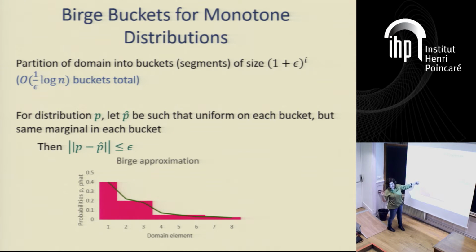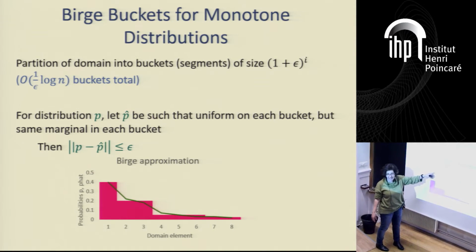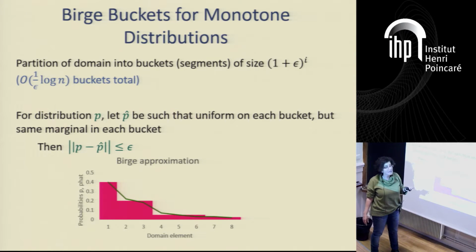So if you ping me, I can send you the right reference. But what you can show is that the distance between P and P hat in L1 distance is at most epsilon. Okay, this is the epsilon that tells you the number of buckets. So this is the Birgé approximation.